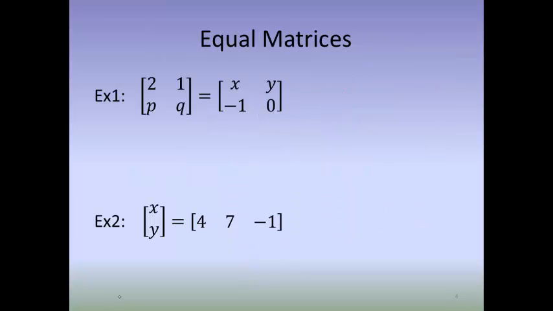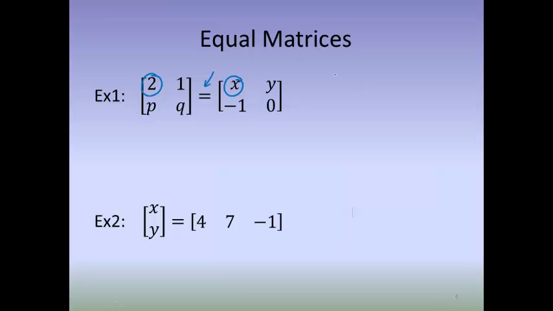Next thing we're going to talk about, as just an introduction to matrices, is that matrices are considered equal if the values in the corresponding positions are equal. So if you see an equal sign, that is indicating that this position, which is row 1, column 1, has to have the same value as this position, which is row 1, column 1.